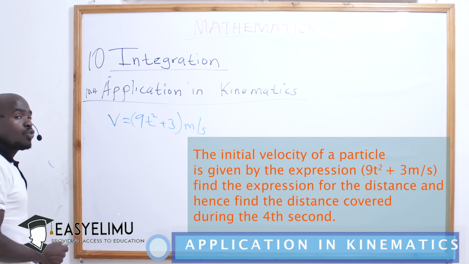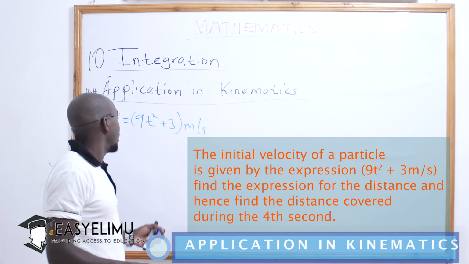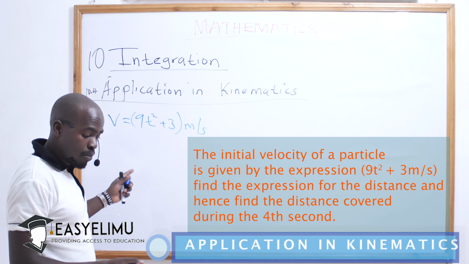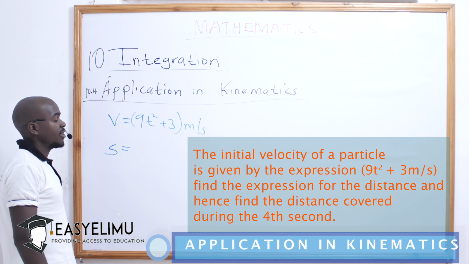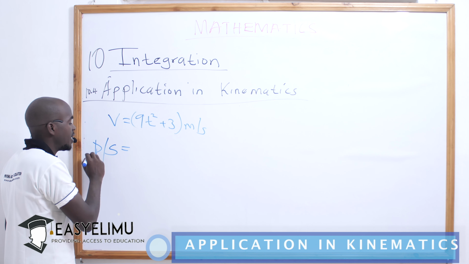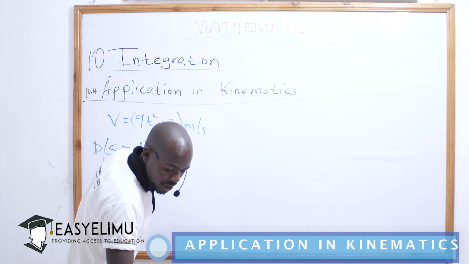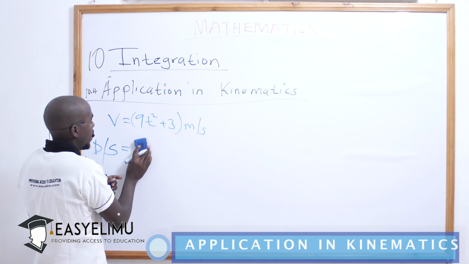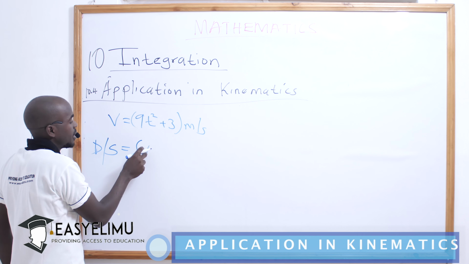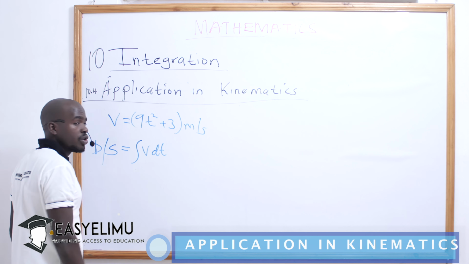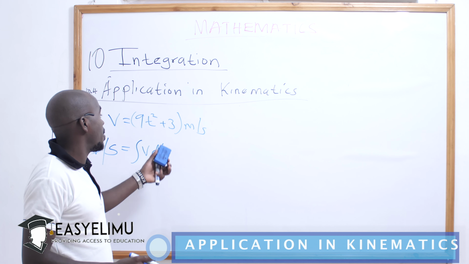So what we should do, we have been asked to find the expression that represents the displacement of this moving particle. We know that to find the displacement, which is s or distance, we are required to find the integration of v with respect to t, where v is our velocity which we have been given.